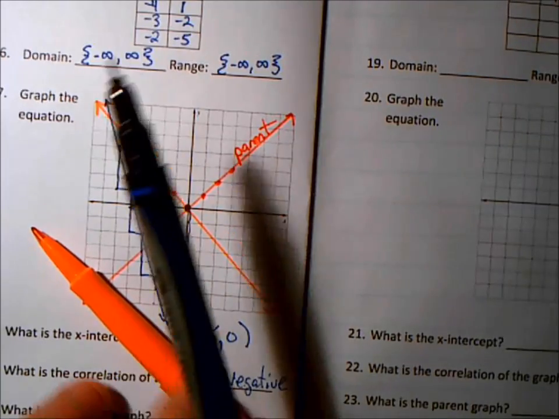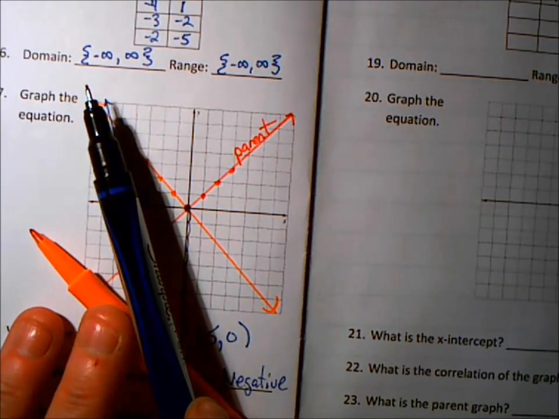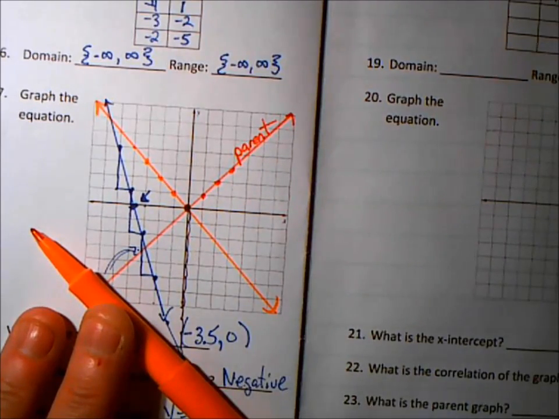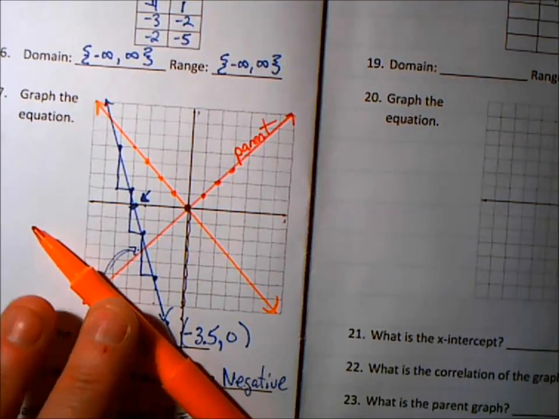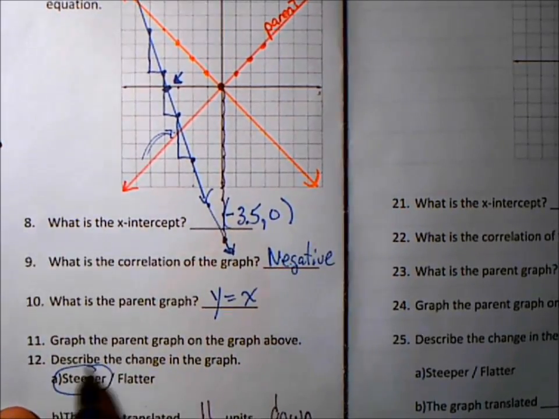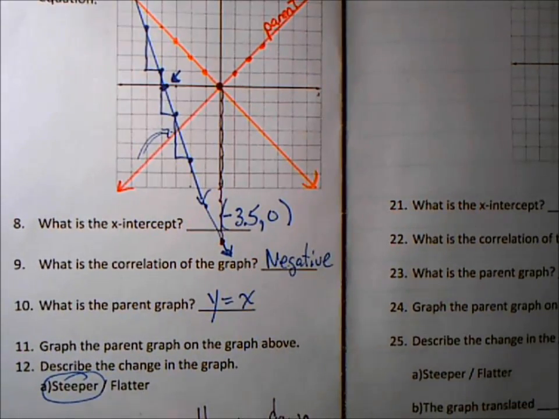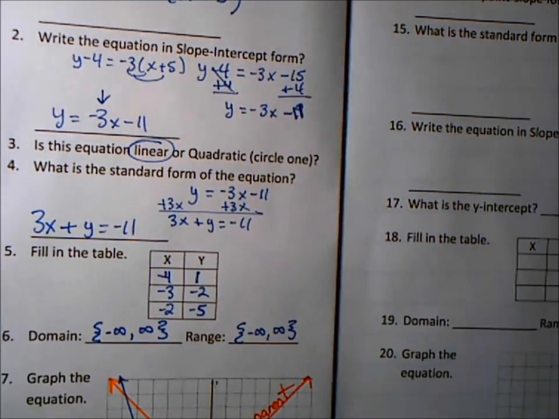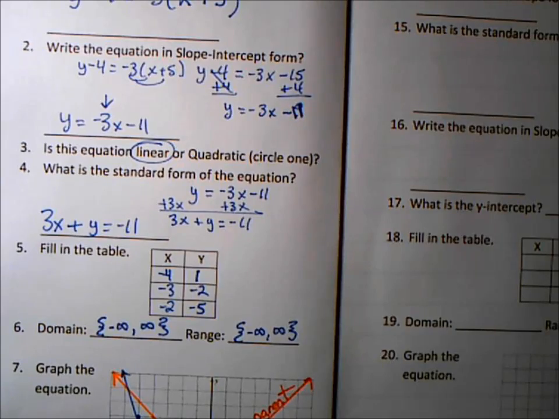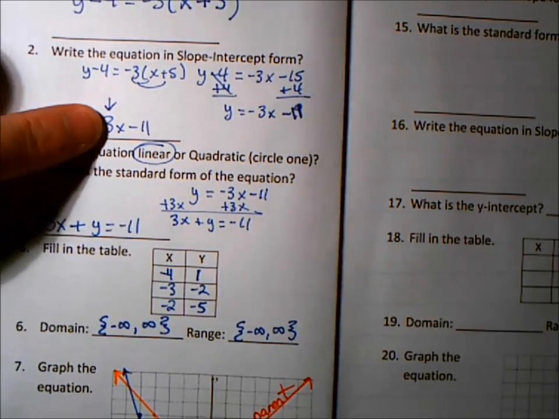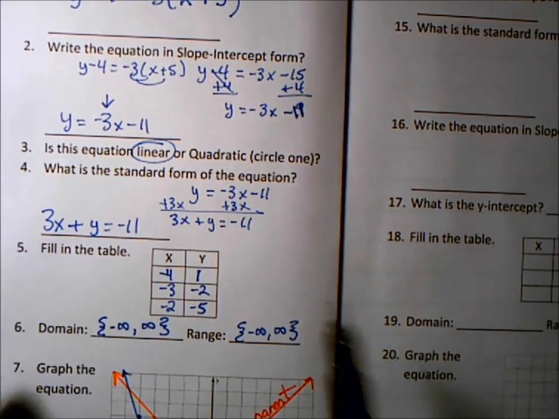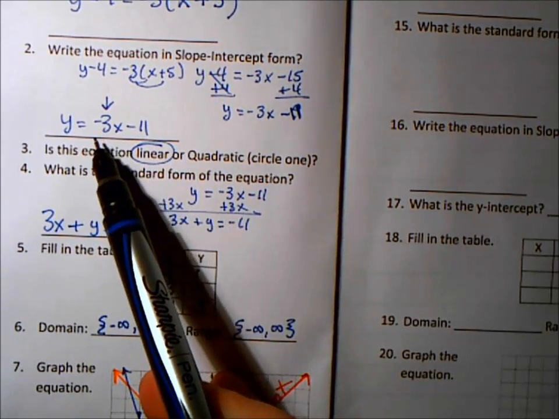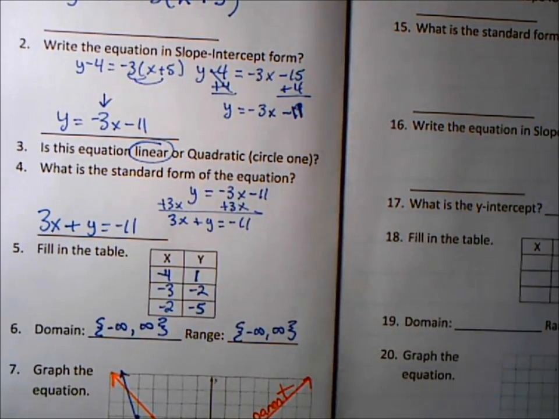Notice your new graph is above it this time. Okay, it's above the line. When it's above the line, that means it is steeper. And realize it's steeper because the slope is above 1. It's a 3. Now I'm ignoring the negative because the negative just tells you which way the graph is correlating. But if I look at the slope, the whole number is a 3, it's above 1, therefore that's why it is a steeper slope.